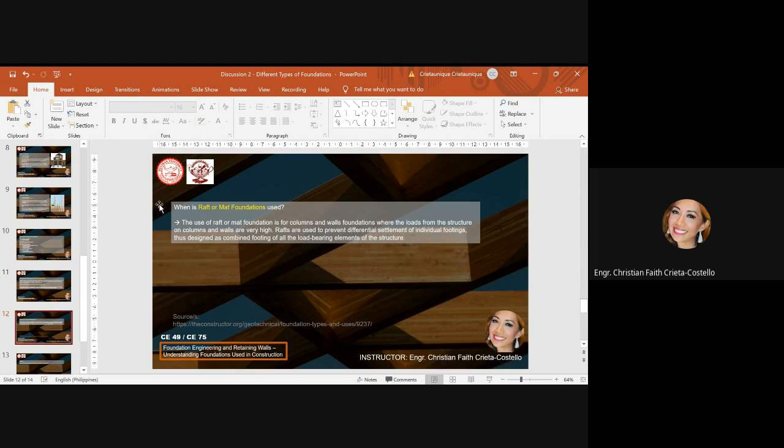The last question is, when are raft or mat foundations used? Raft or mat foundation is used for columns and walls where the loads of the structure on columns and walls are very high. Rafts are used to prevent differential settlement of individual footings, thus designed as a combined footing of all load-bearing elements of the structure.